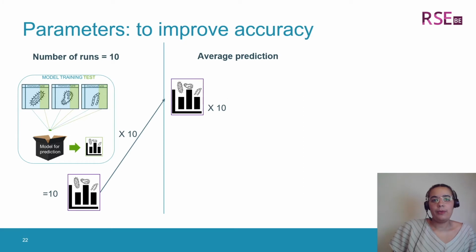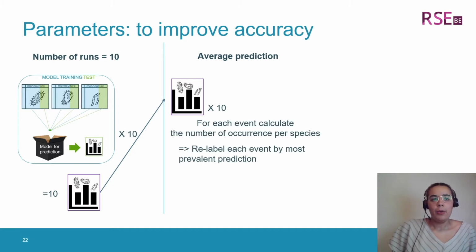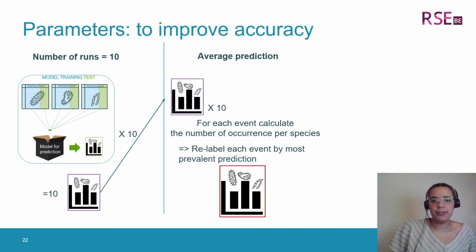Then we develop what we call an average prediction from the 10 predictions. We count the number of occurrences per species for an event in these 10 predictions, and we relabel this event with the most prevalent species predicted. We do that for all the events and obtain the average prediction.